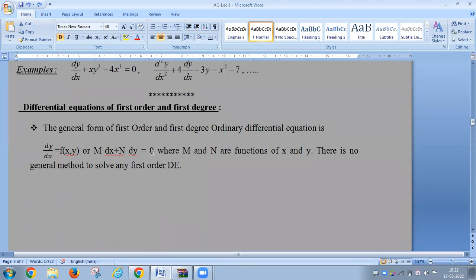This is also a general form of a first order and first degree differential equation: M dx plus N dy equal to 0, where M and N are functions of x and y. There are many methods to solve these first order and first degree differential equations. You studied some of the methods.